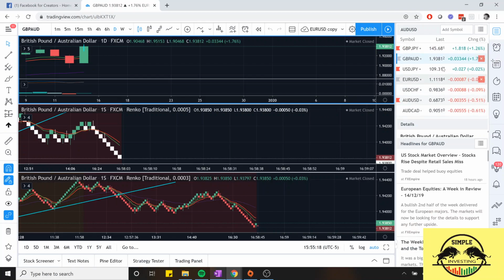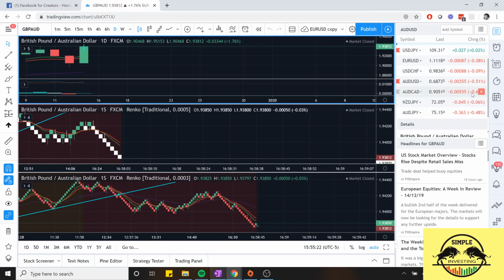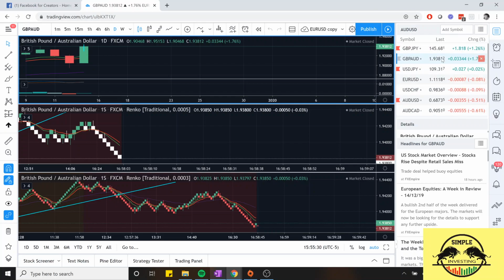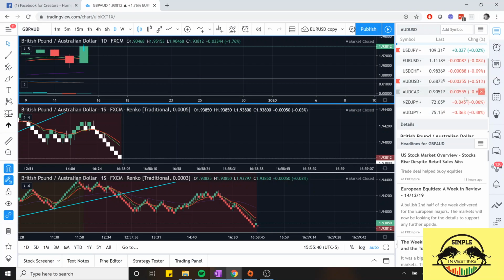If you have any questions about what pairs to trade, just let me know. On a daily basis, I look at which market has the most volatility. Remember, to make money in any market, you need volatility, and I'm going to show you how I look through them. So British pound, you can see this pair moves 1,000 points, 3,000 points, 27 points, 87, 88, 355, 555, 45, 363, right?